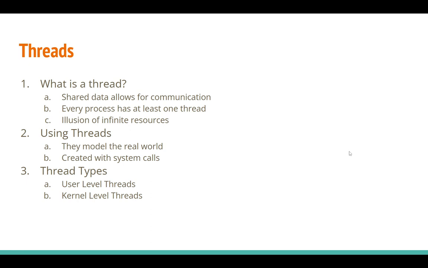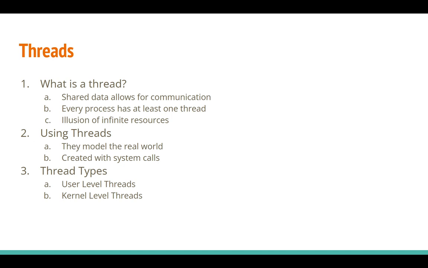And then threads. What is a thread? Threads, every process has at least one thread, which is the process that is currently running. More than one thread share the heap, the SDS, and the code. So they're always going to run the same code and they're going to have certain shared information.